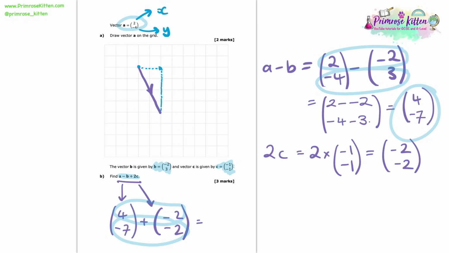So we're going to add the 4 to the -2, and we're also going to do -7 add -2. So 4 plus -2 is just 4 - 2, which is 2. And -7 plus -2 is going to be -9. So in the end here, our answer is (2, -9) in column vector form.